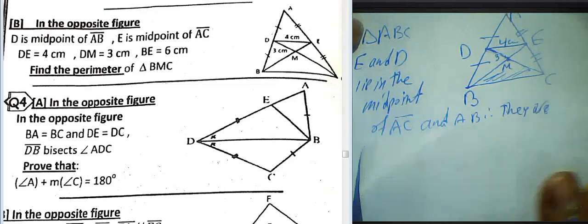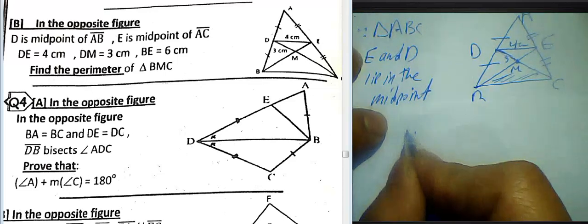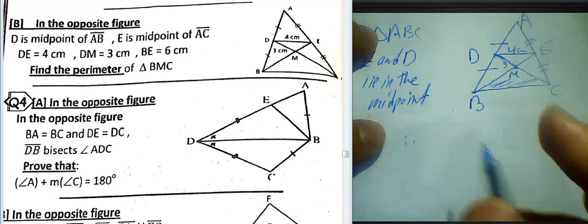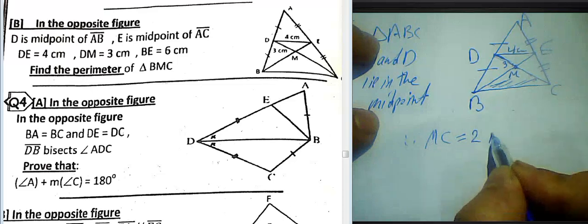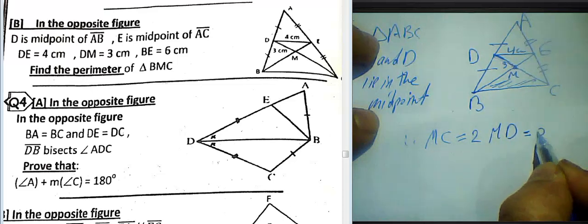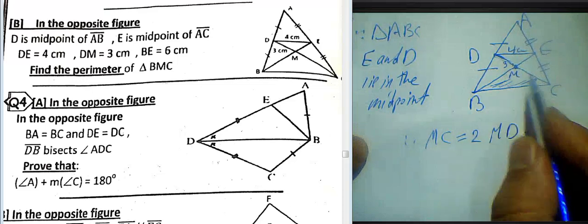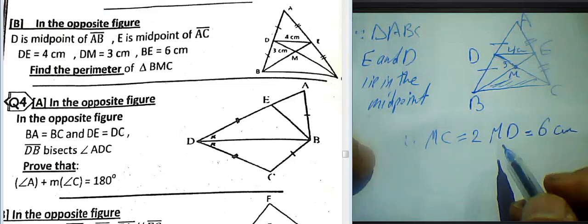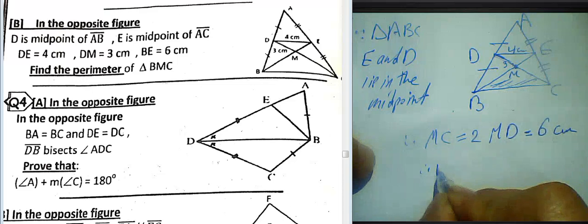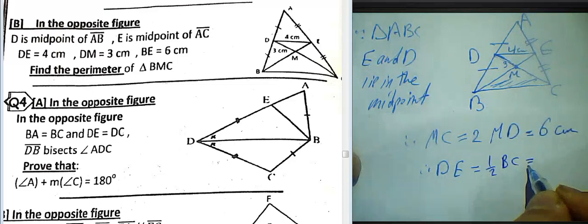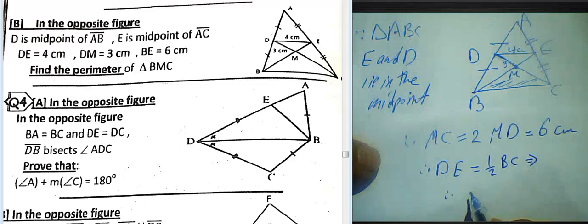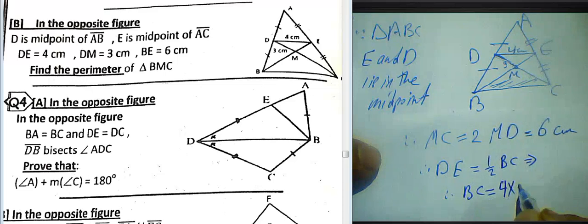Then MC will be twice MD, equals 2 multiplied by 3 equals 6 centimeters for MC, and DE will be equal to half of BC. Then BC equals 4 multiplied by 2 equals 8 centimeters.